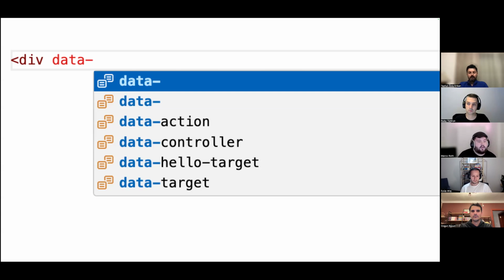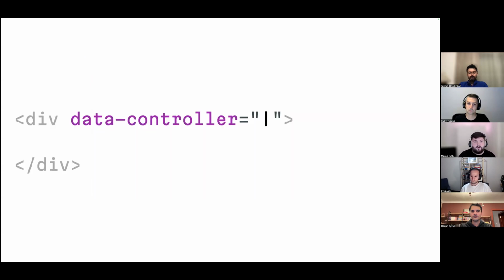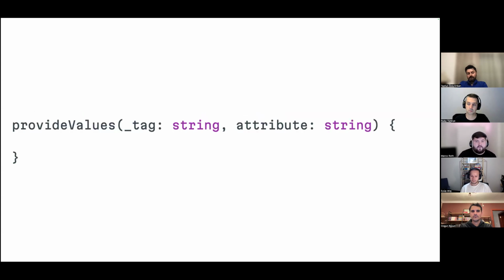So let's say you complete this controller. Now you are at this situation where you want to know which are the possible values for this controller. So you can implement this third method, the final one, which is the provide values method. We get passed in a tag and the attributes. Again, we don't really care about the tag. It just has to be on the elements.